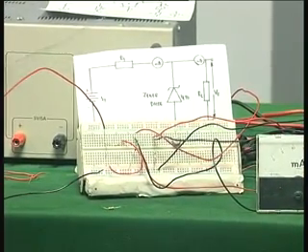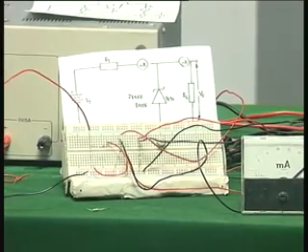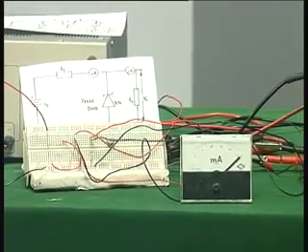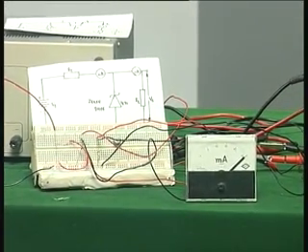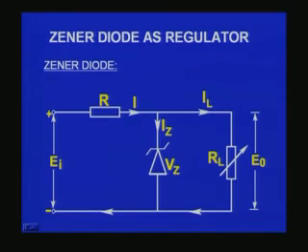For a 1 milliampere change in the current, if I calculate, that will correspond to the load regulation of the Zener regulator. Now you see that we do have a good regulated power supply when we use a Zener diode as a regulating device.